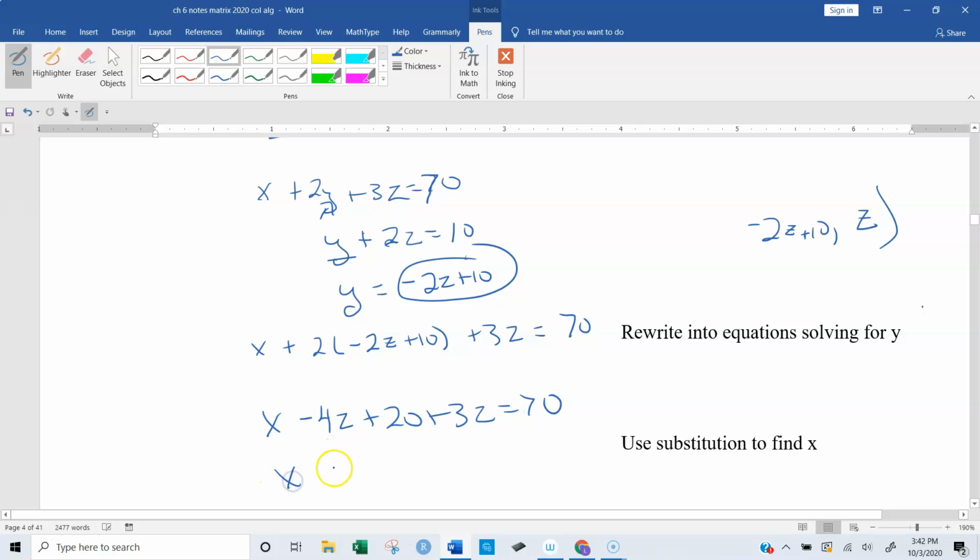Combine my like terms. x minus z plus 20 equals 70. Bring them over to the other side. So x equals z plus 50. So now x is z plus 50. And that is how my 3 points are related.